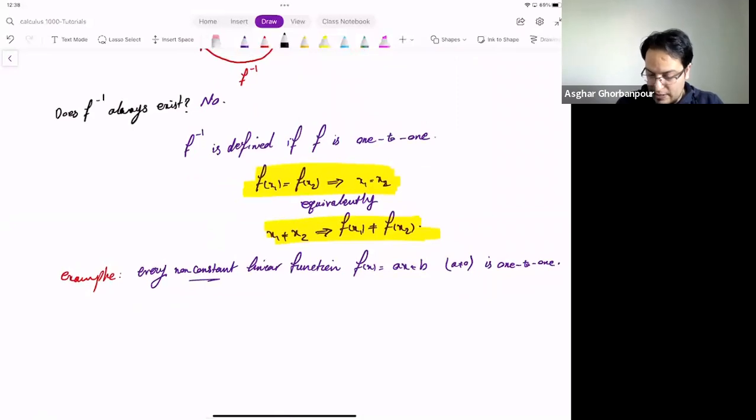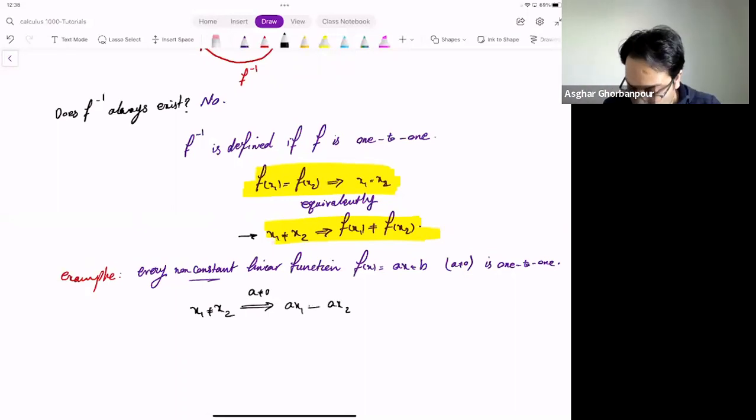Well, you see, I will start with this one. I take two different inputs. Since a is not equal to 0, when you multiply a by x1 and a by x2, these are going to be two different values. And then I can add b to these expressions.